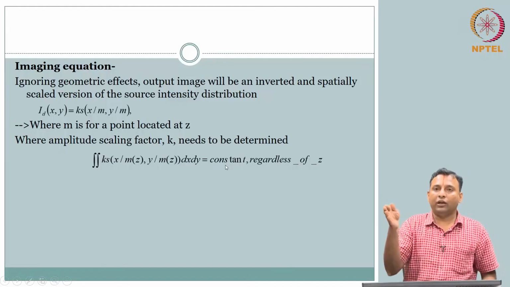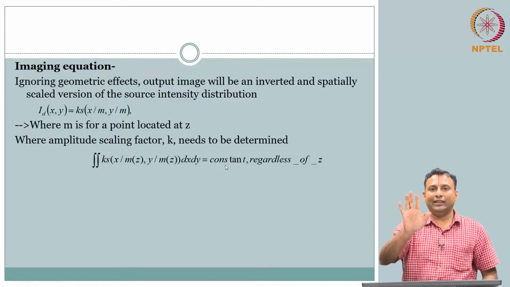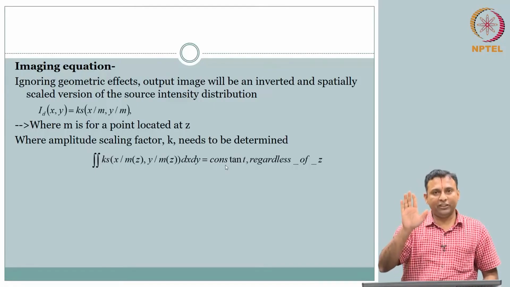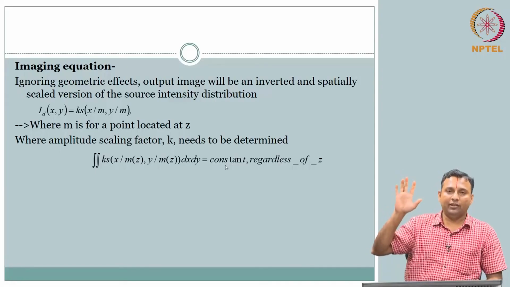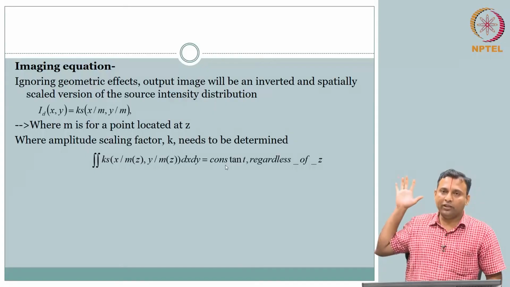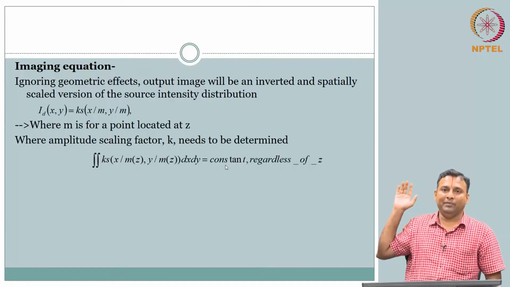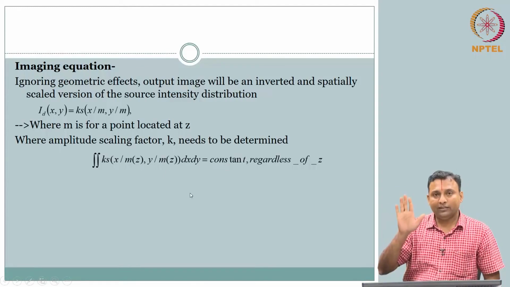Whether you are coming close to or going further away from the detector, the magnification changes, and my intensity is reduced or increased accordingly. But as long as I sum all of what is falling on the detector, the sum is going to be the same. However, this itself can be different.